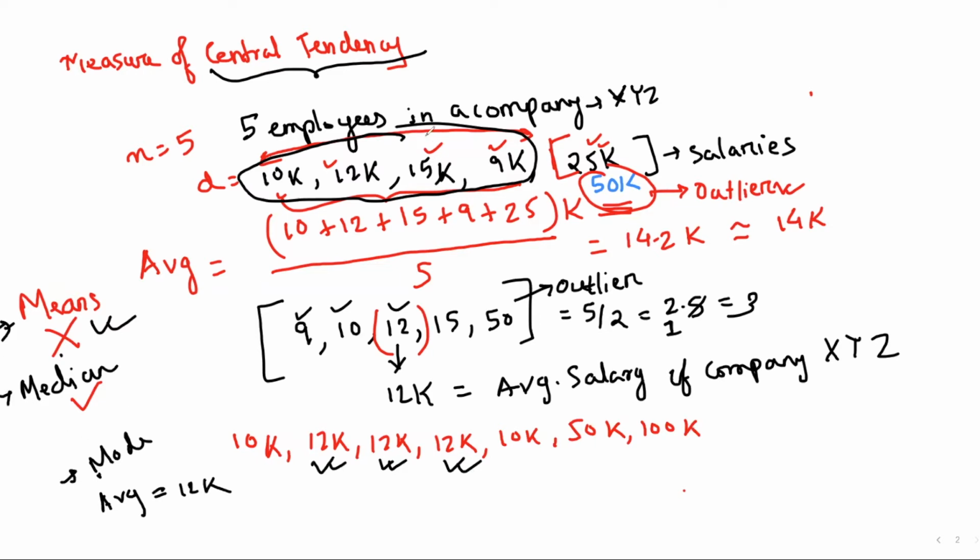Now, if you see closely, everywhere I'm trying to be in the center. Why do I want to be in the center? Because if I am in the center, my accuracy will increase and my predictions will improve. I will be able to approximately guess the right value, right? So always there is a tendency to be in the center. That is the measure of central tendency.